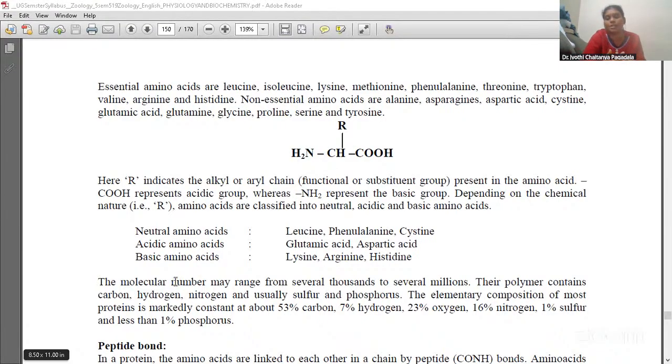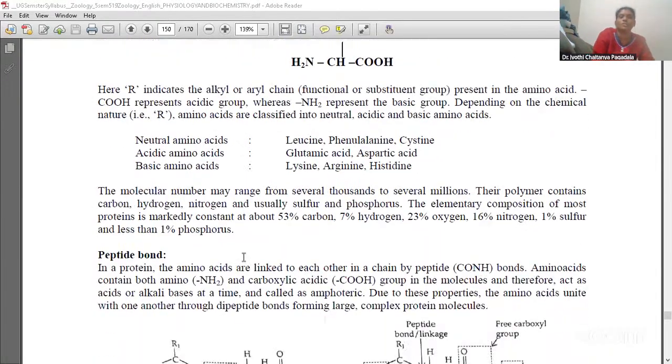The elementary composition of most proteins is markedly constant: about 53% carbon, 7% hydrogen, 23% oxygen, 16% nitrogen, 1% sulfur, and lesser than 1% phosphorus.